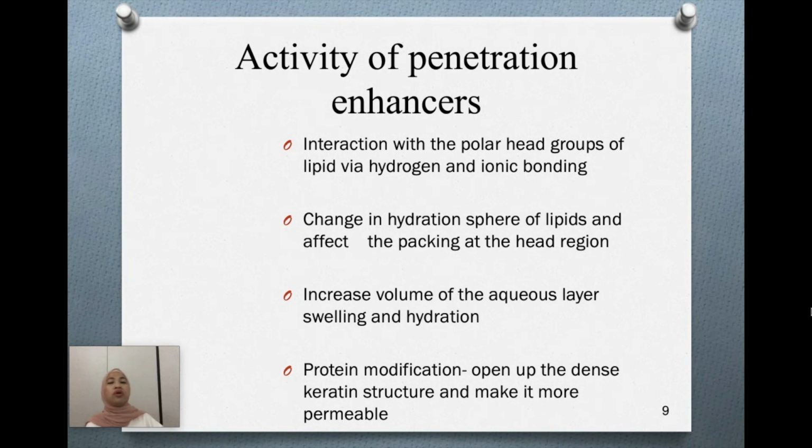It can increase the volume of the aqueous layer, swelling. So you increase the swelling, therefore you provide pores for your drug to pass through. And you can modify the protein, therefore open up the dense keratin structure of your skin cells. You can open up the skin cells a little bit to make them more permeable.